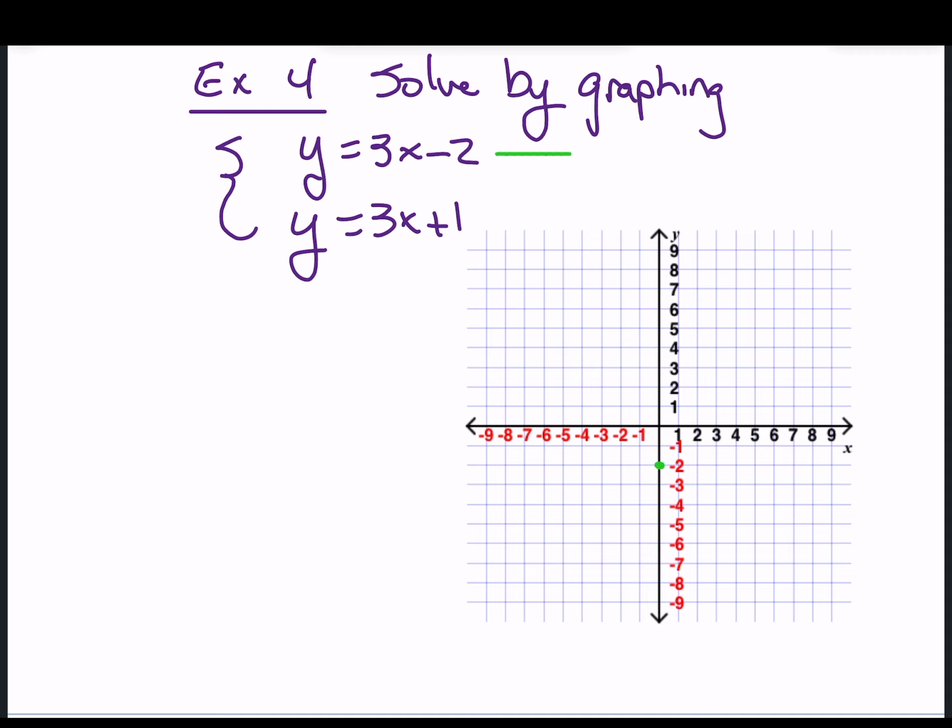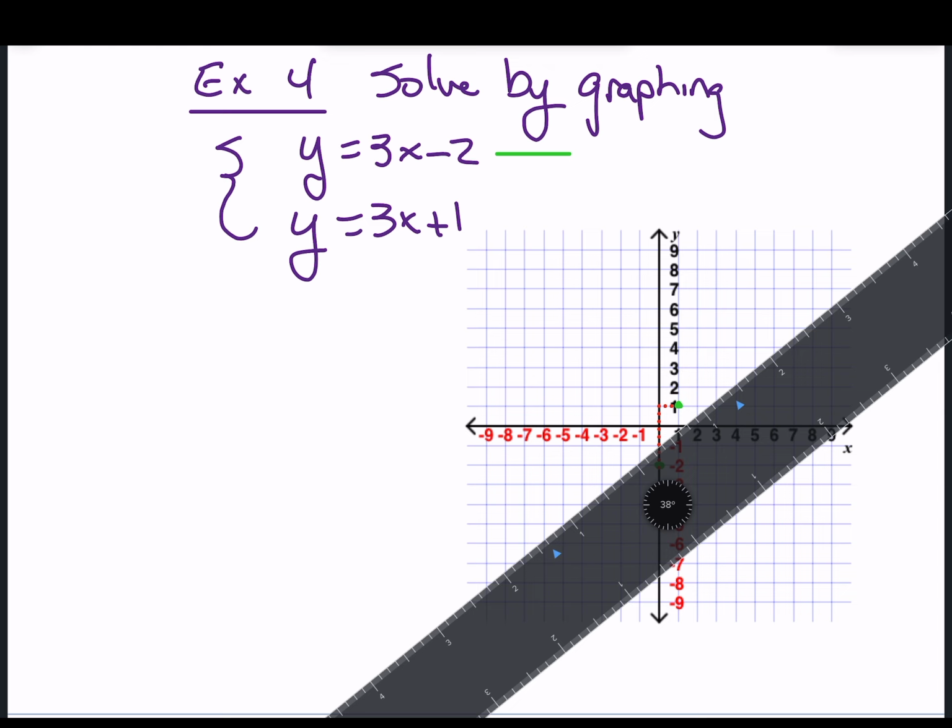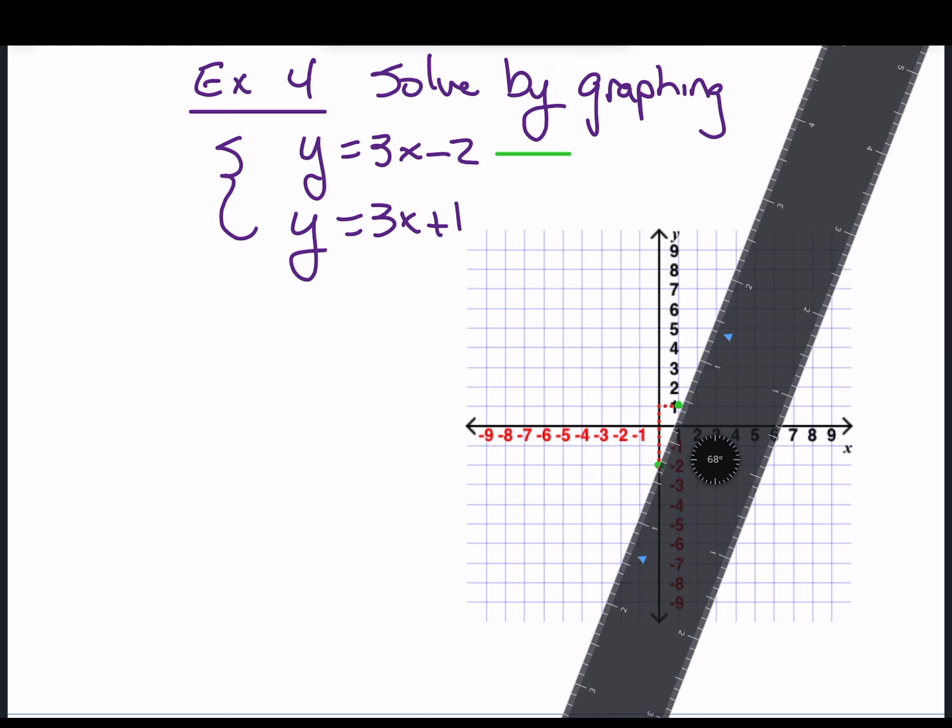Notice our y-intercept is -2. So there's that point. And then our rise and run, our rise is 3, so up 1, 2, 3. Our run is 1. So we have that point. We can then graph using our straight edge.